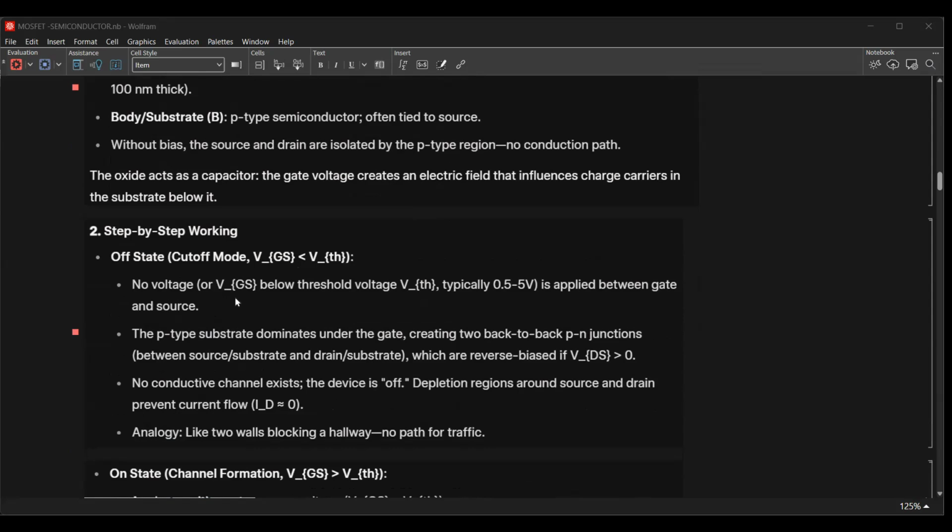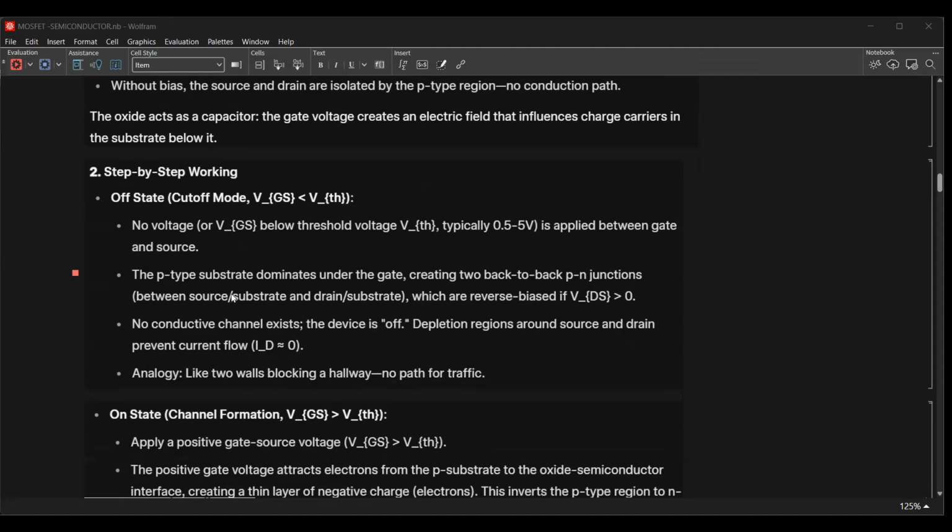So with no voltage, or voltage from the gate to the source below threshold voltage, VGS is below VTH, where VTH is the threshold voltage. Typically, 0.5 to 5 volts is applied between the gate and the source.